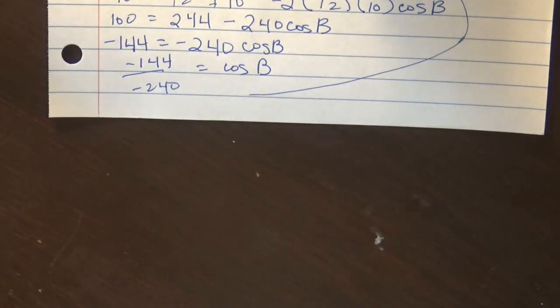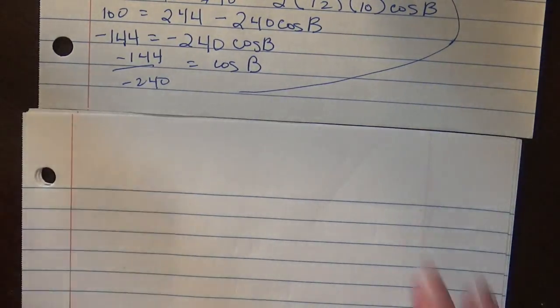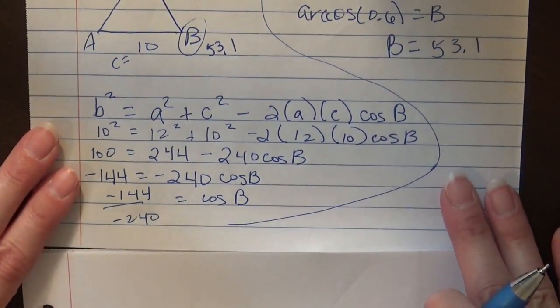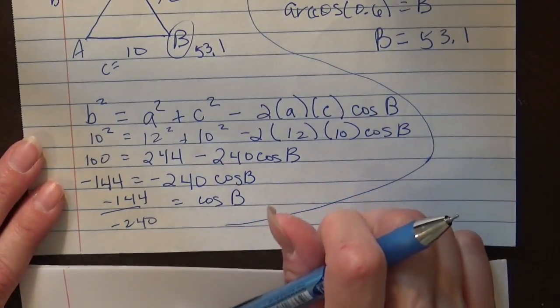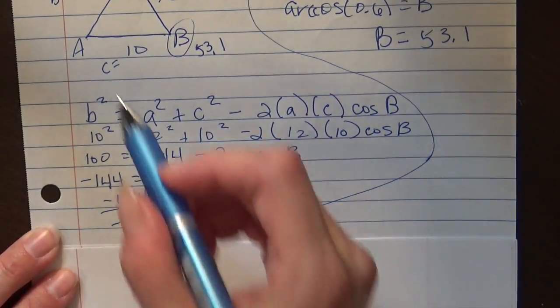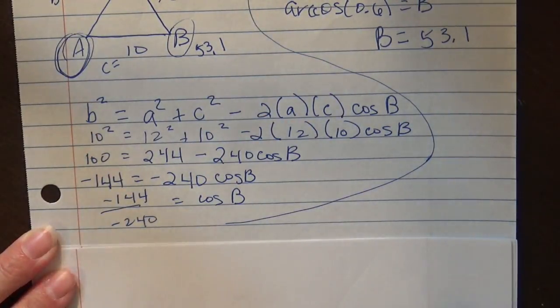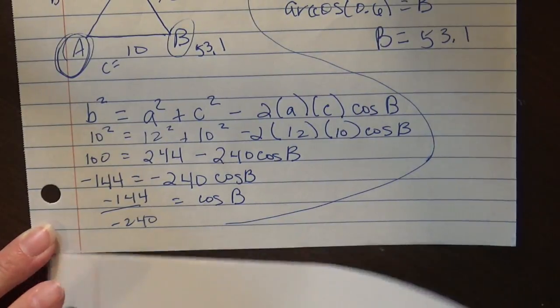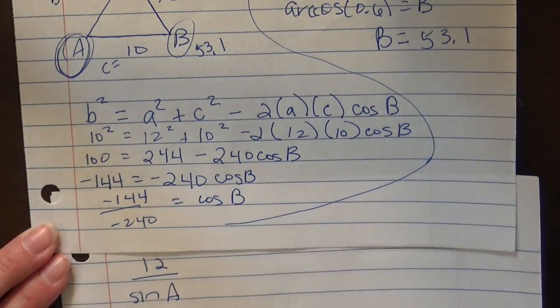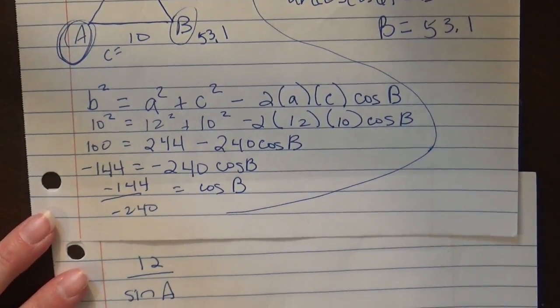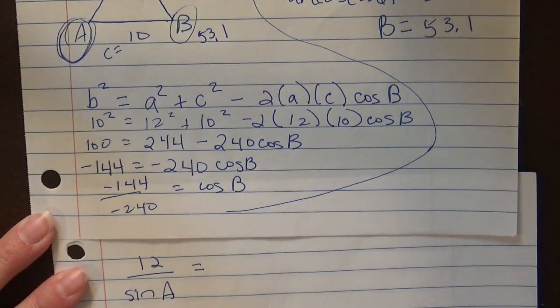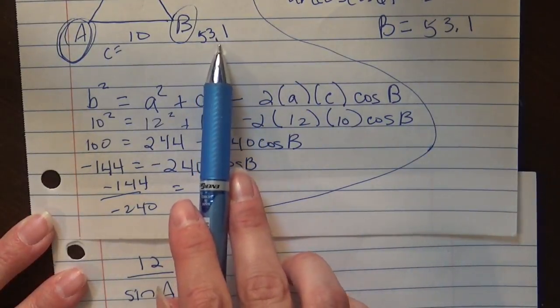Okay, so for law of sines, where are we? Let's say we're going to solve now for angle A. So to solve for angle A, using law of sines, I can do side length A, 12, over sine A, equals, and then I need an angle, so I'll go with the one that I just found.